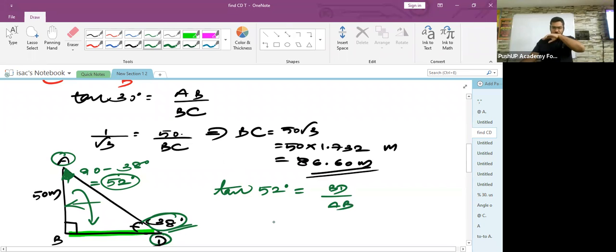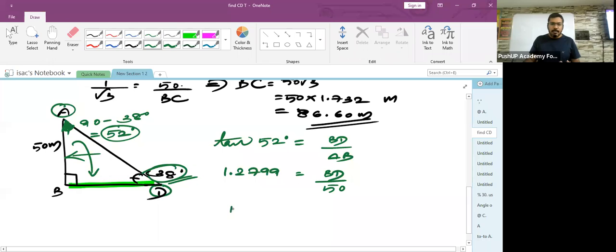Now please tell me the value of tan 52. 1.2799 is equal to BD, which is what we have to find, upon AB, which is 50 meters.